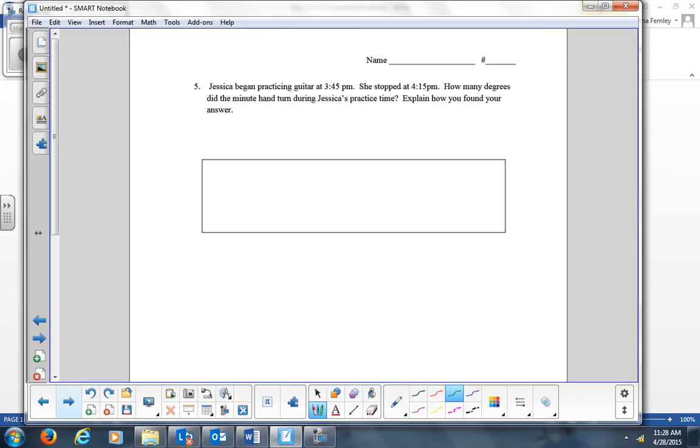I didn't forget to even do the clocks on these, sorry. All right, Jessica began practicing guitar at 3:45 p.m. So this is 3, 12, 6, 9. All right, so she began at 3:45. So little hand goes there, big hand goes there.